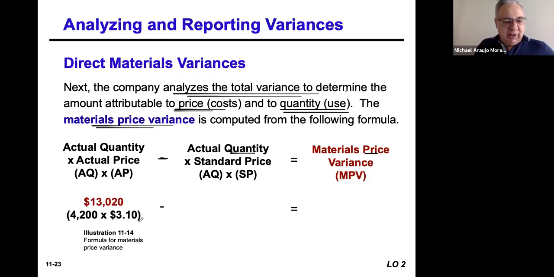So again, the first part doesn't change, 4,200 pounds, $3.10 a pound. But since we use 4,200 pounds, what if we kept it at $3, which is our standard price? Well, that still means we're off by $420. Our actual price, actual quantity is higher by $420.